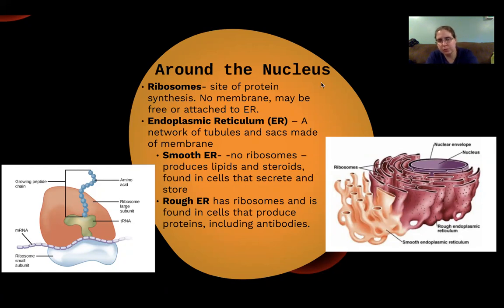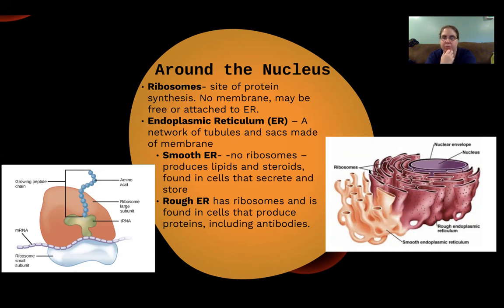And we'll start with the smooth ER. That's this one here. You notice it tends to be more circular and tubular as opposed to these flatter sections. The smooth ER has no ribosomes attached to it, which is why we call it smooth ER. It produces lipids and steroids that your cells need to function, and that can also be sent out of the cells to travel throughout the body.